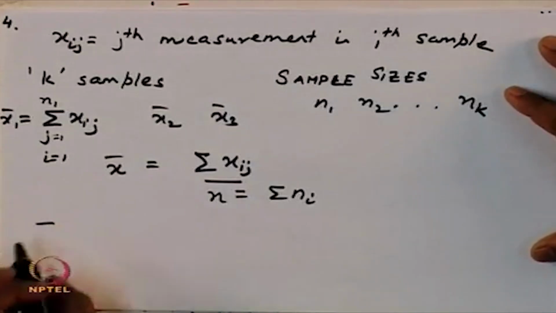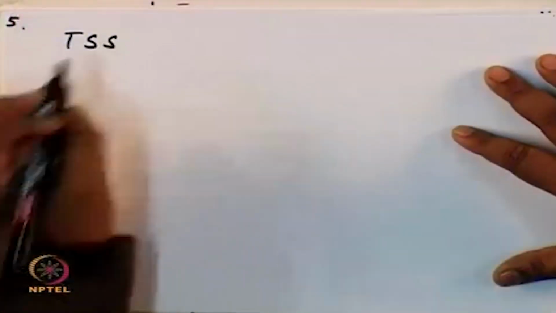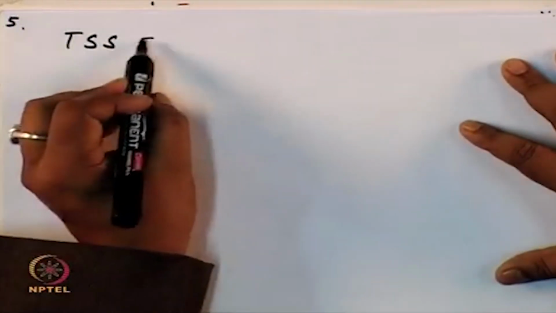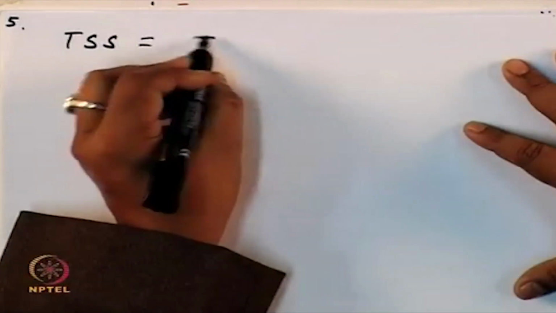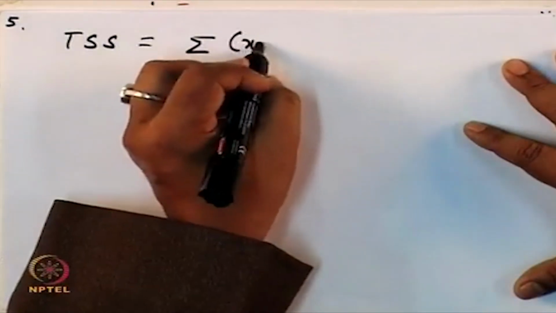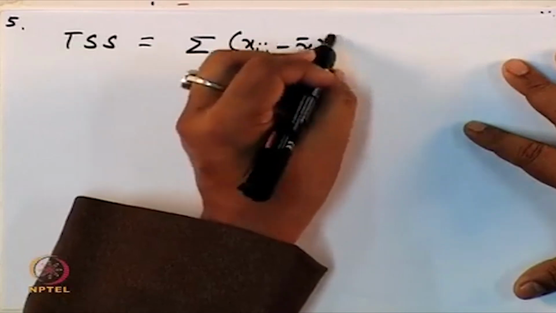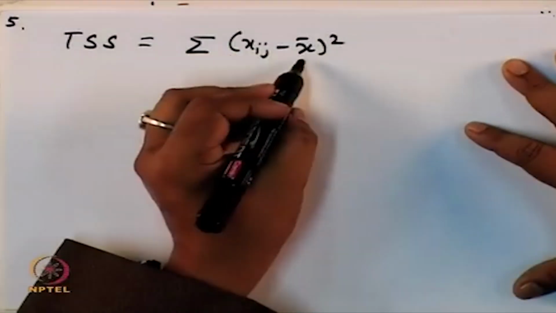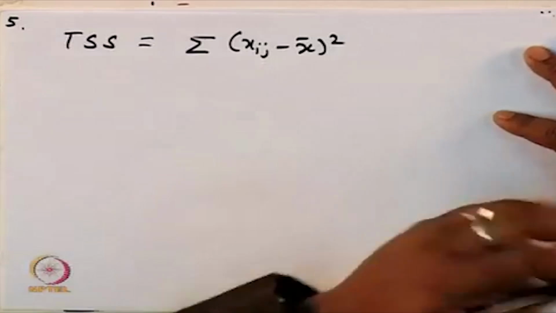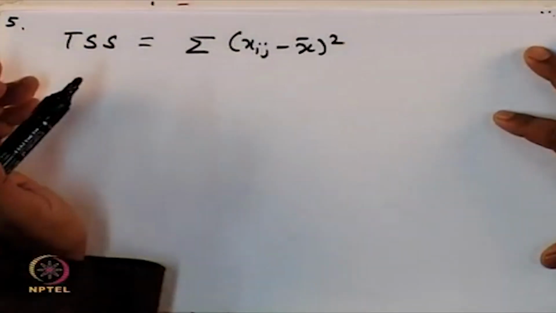So, you calculate few metrics, let me write it in the next page. So, you calculate something called TSS, or total sum of squares, and you define this as summation of Xij minus x bar whole square. Okay. So, x bar is the average of all the samples together.